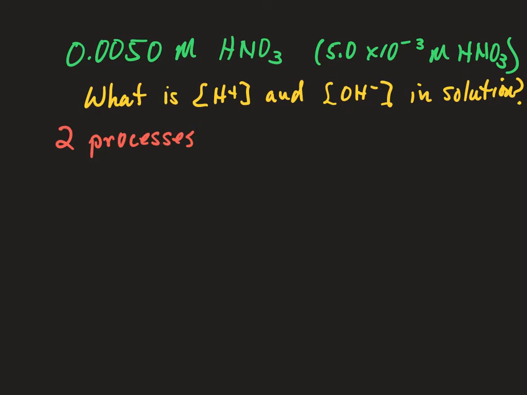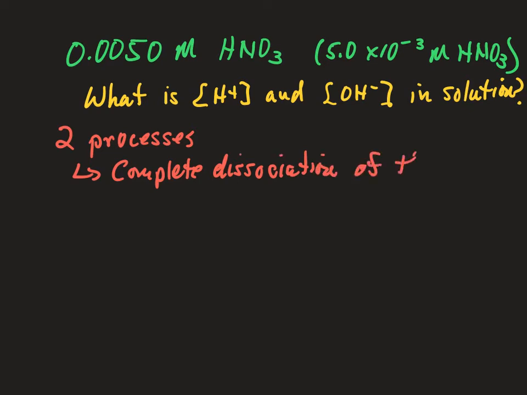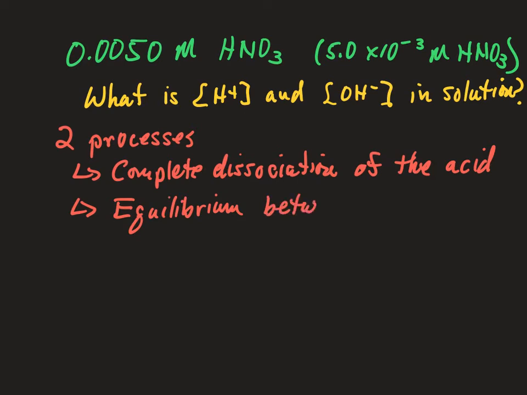We have a strong acid, and so our first process is the complete dissociation of the acid. Then our second concern is the equilibrium between hydrogen ions and hydroxide ions.